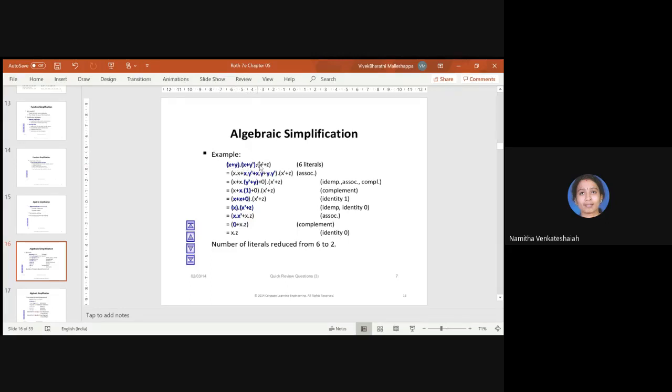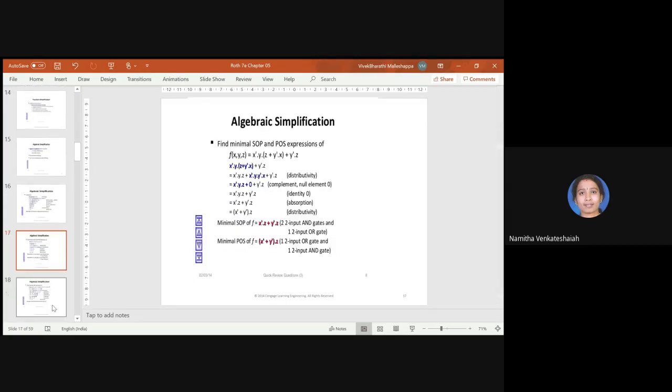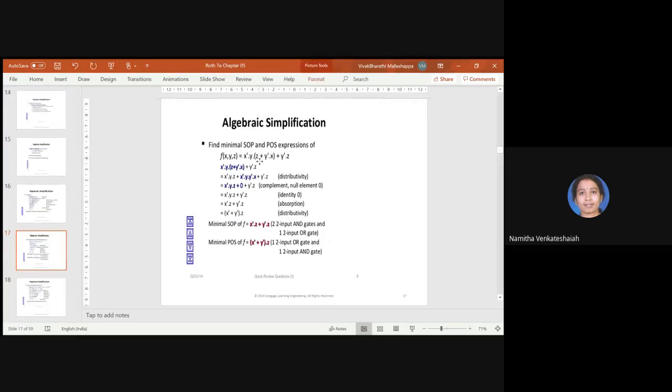X is a literal, y dash is a literal. Here, x dash y is a term, and x dash is a literal and y is a literal. In this line, x dash y z is a term. X dash is a literal, y is a literal, and z is a literal.